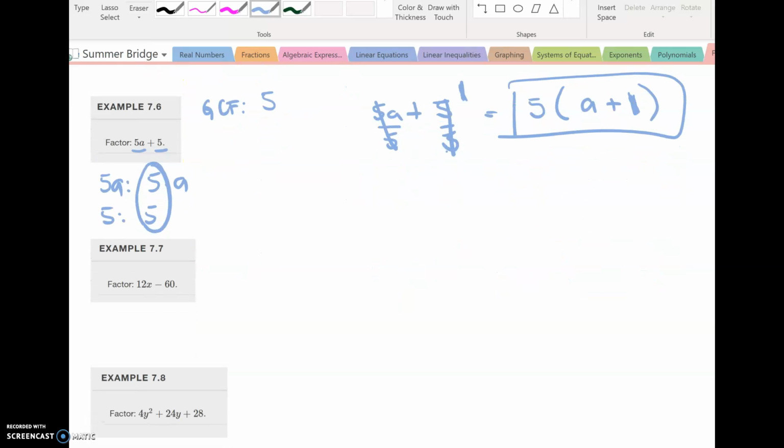So now let's take a look at 12. I'm not even going to say x because x is only in one term, not in the other one, so we cannot factor out an x. But let's take a look at 12 and 60.